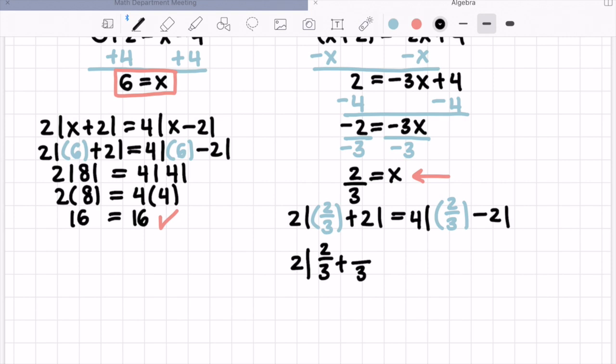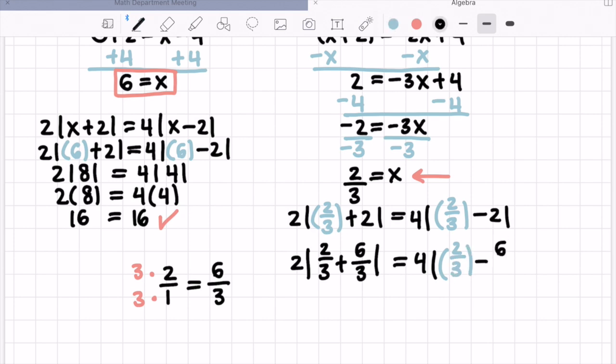That means that 2 over 1, if I want to convert it into 3, I could multiply 3 to both sides. So if I multiply 3 to both sides, then I'm left with 6 divided by 3. So I'm going to write down 6 divided by 3 on this side. Over here, I have parentheses 2 divided by 3, and that's going to subtract 6 divided by 3. So I close those absolute values.